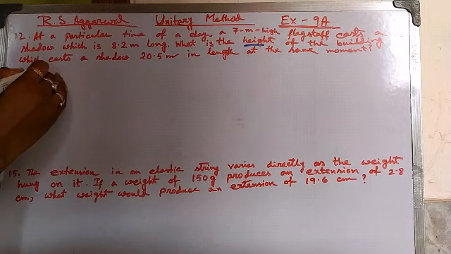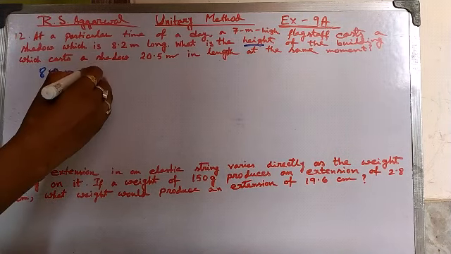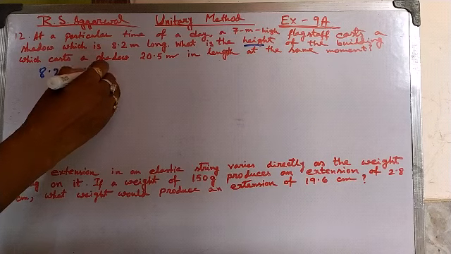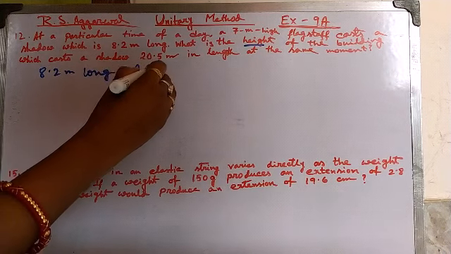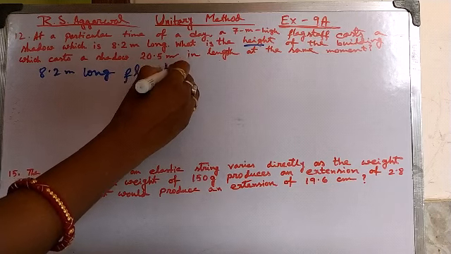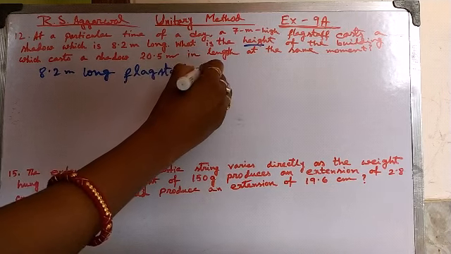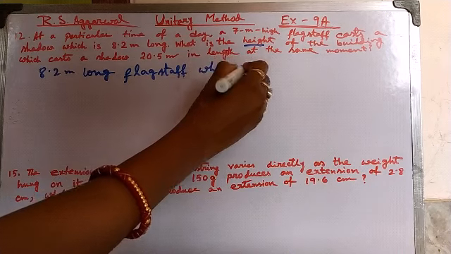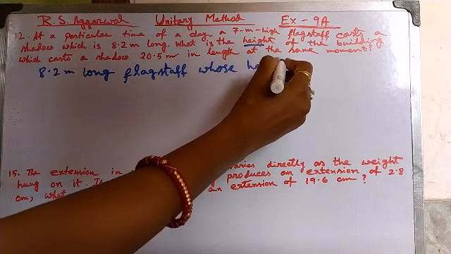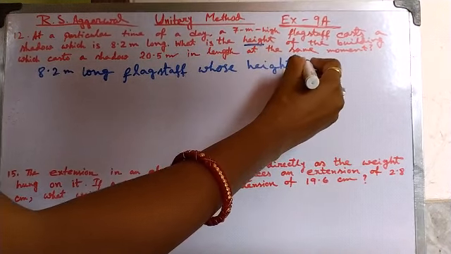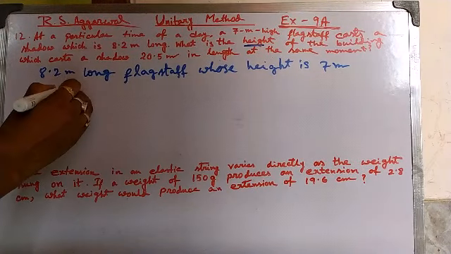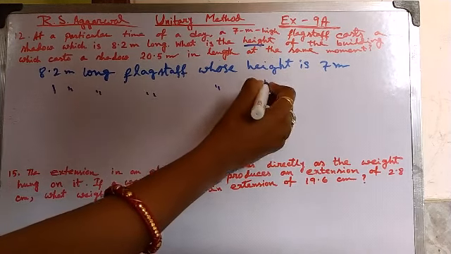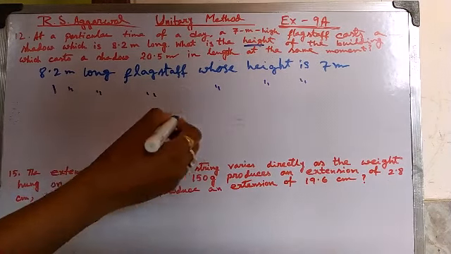So 8.2 meter long flagstaff whose height is 7 meter. So 1 meter long flagstaff whose height will be lesser.